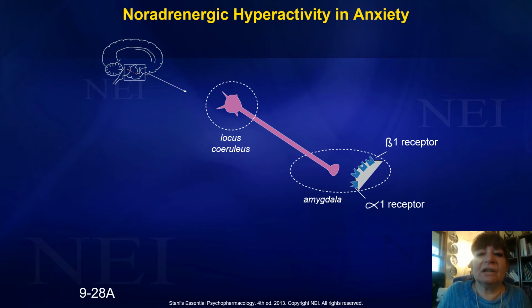Noradrenergic hyperactivity can also be blocked by giving a norepinephrine transporter inhibitor, which can have the downstream effect of downregulating the beta-1 adrenergic receptors. And so a reduction in stimulation of the beta-1 adrenergic receptors could therefore result in alleviation of anxiety and anxiety-related symptoms.